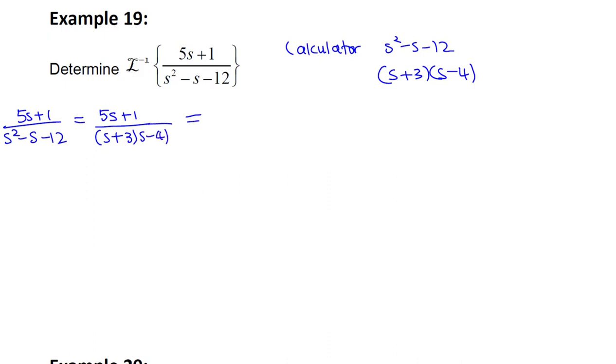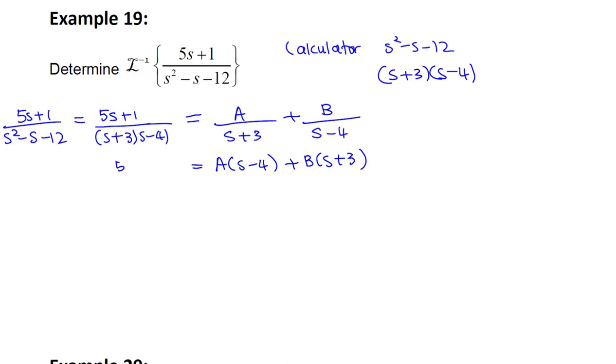Now you can do partial fraction. So A divided by (s plus 3) plus B divided by (s minus 4). So A(s minus 4) plus B(s plus 3) is 5s plus 1.